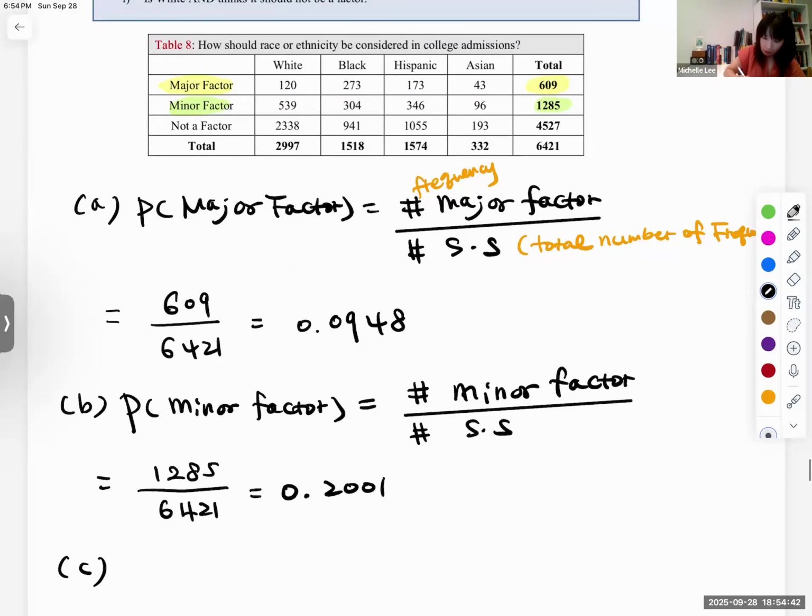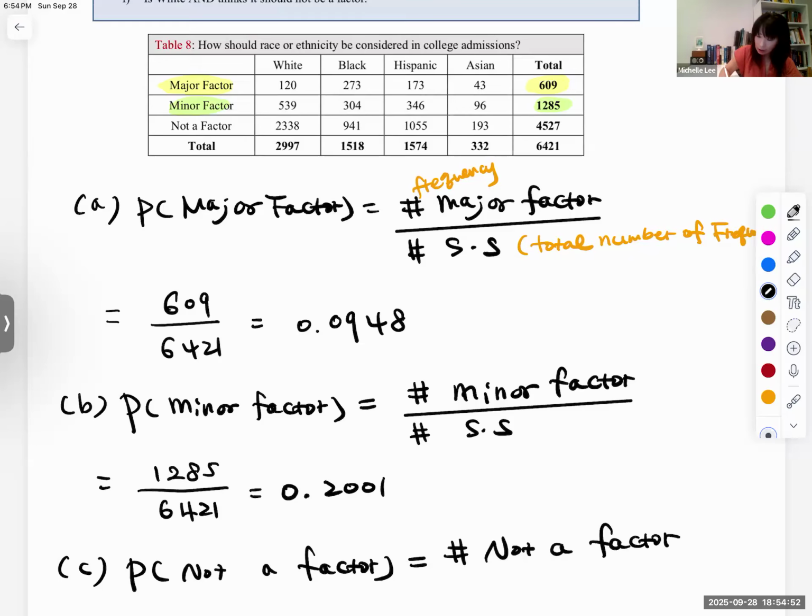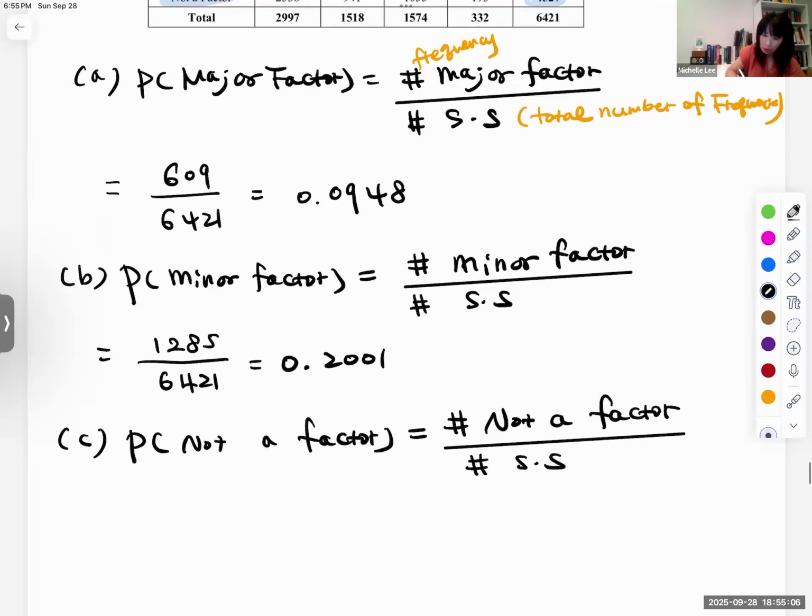Now, C, fields, race, ethnicity should not be a factor. Okay, so probability not a factor, right? So number of not a factor divided by number of sample space. Not a factor here, so 4,527, right?